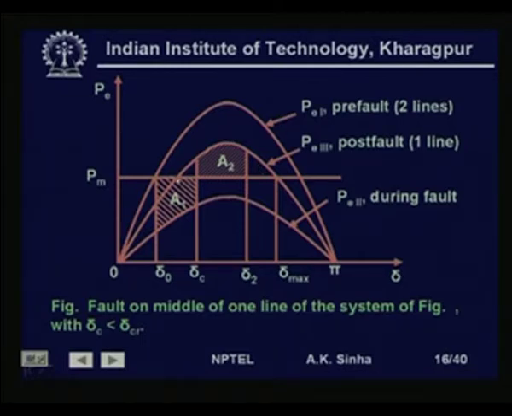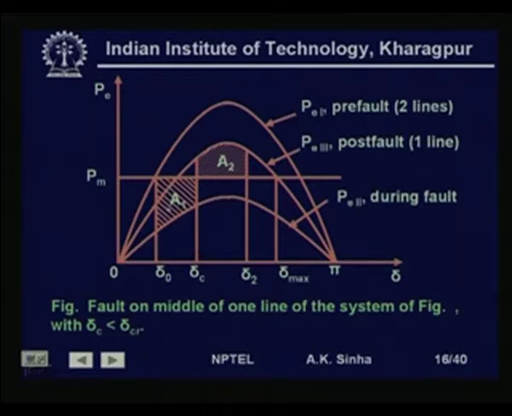Again, if we clear it a little later, then what happens is the area A1 will increase and the area A2, the maximum available, will be between this curve and this P m, that is up to this point. So, this can shift only up to this point. So, if we clear this fault a little later, A1 will increase and the available A2 will keep on reducing.